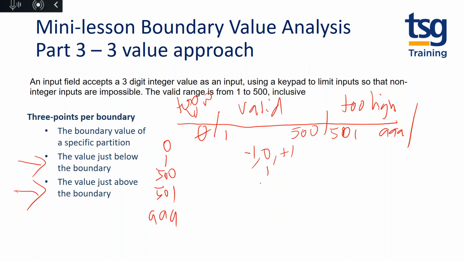To test 1, which is the lower valid part boundary, I'll test that with 0 and 2. To test the upper boundary of valid, which is 500, I'm going to test that with 501 and 499. And the upper boundary, 999, I'll test with 1000 and 998.